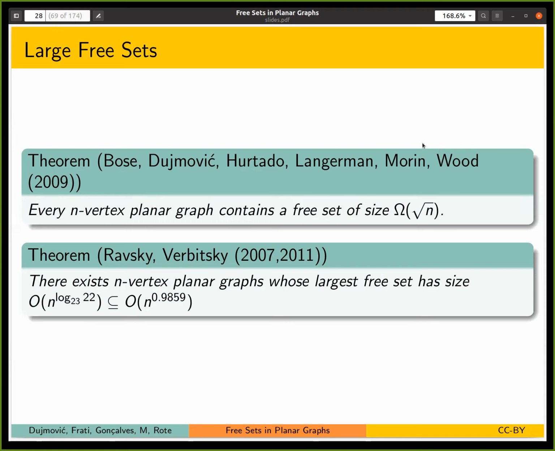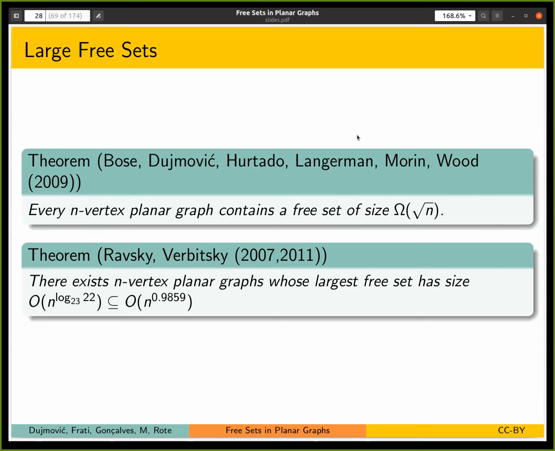The proof of that is by what is called the canonical ordering of planar graphs, or canonical ordering of triangulations. But as soon as that was seen by people who do Schnyder woods, they saw immediately that actually you can do the same thing with these Schnyder woods. All right, so there's a lower bound of square root n on these things.